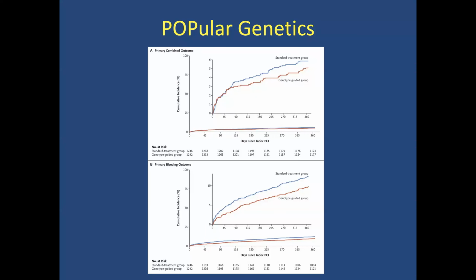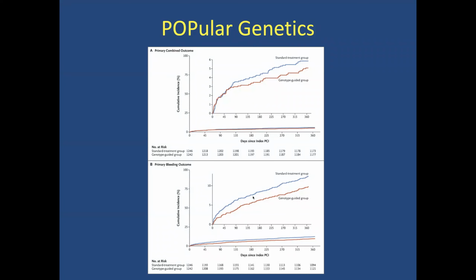So the only trial that has been positive was one that came out a couple of years ago, 2018, in the New England Journal of Medicine, termed POPular Genetics. So this looked at a STEMI population. Patients were randomized to standard treatment, which is either prasugrel or ticagrelor, or a genotype-guided therapy group. So patients had a STEMI and then were tested, and if they were found to be intermediate or poor metabolizers of clopidogrel, they were treated with prasugrel or ticagrelor. If they were found to be normal metabolizers, then they were given clopidogrel.